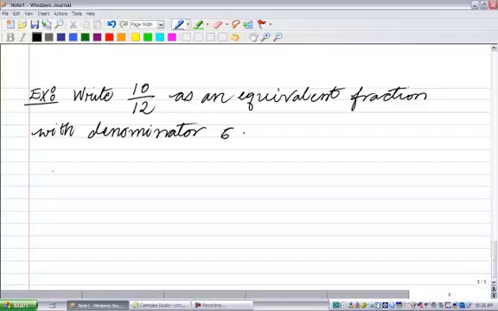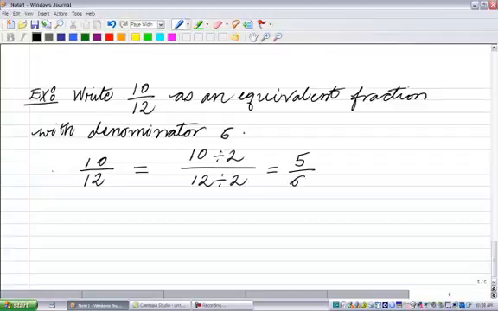So that's pretty easy. 10 over 12. I want 6 in the denominator. How do I get 6 in the denominator? If I divide the denominator by 2. So I divide 10 by 2, I divide 12 by 2, and I get 5 over 6. So 10 over 12 is the same as 5/6.